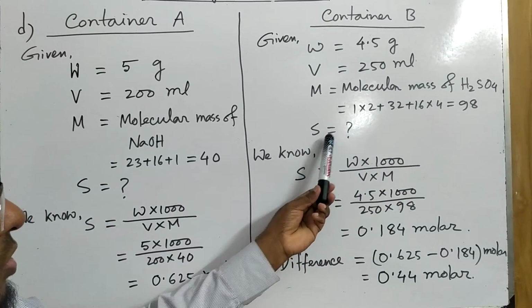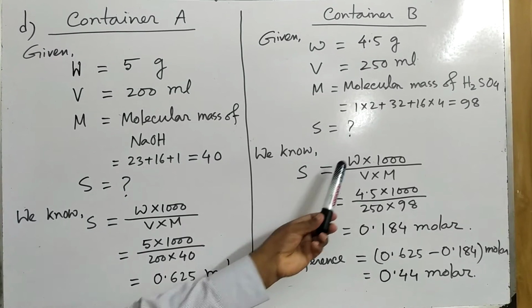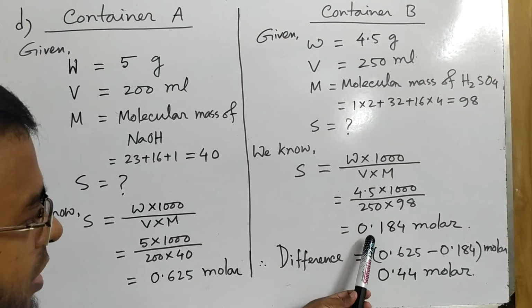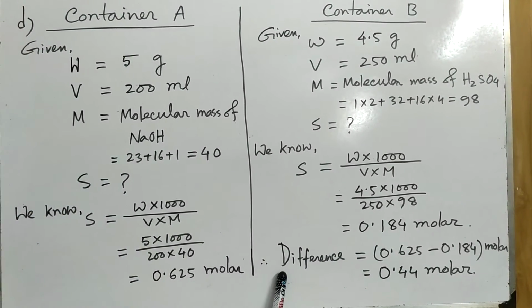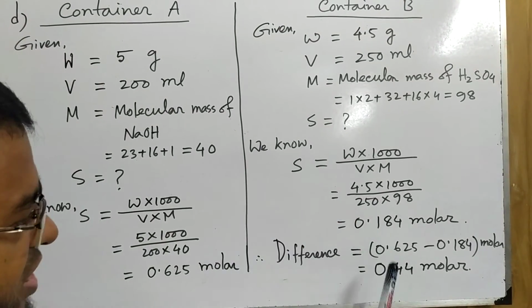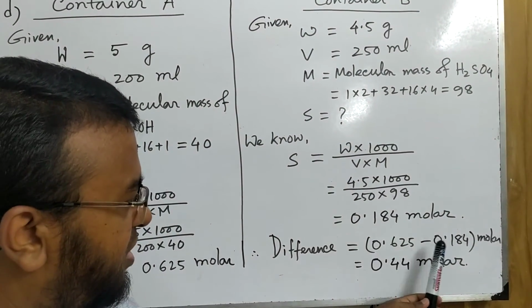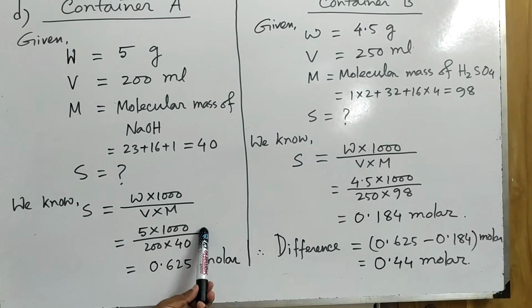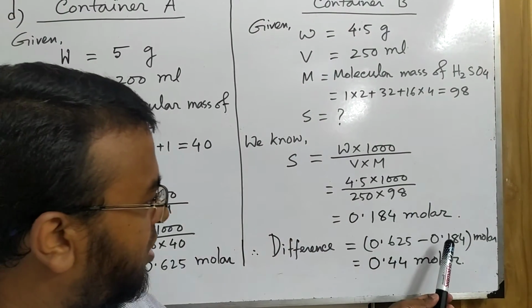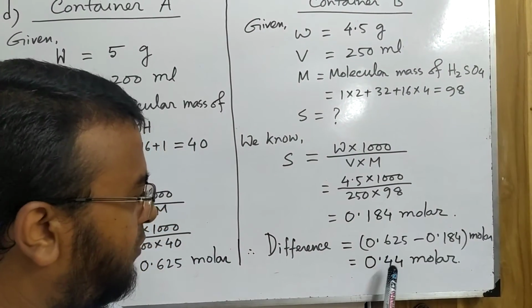Then we have to find out the concentration equal what. We know the formula. Then in formula we put the value, we have got the molarity. Now we have to find out the difference of the concentration. That means we have to subtract concentration of container B from concentration of container A, it is 0.44 molar.